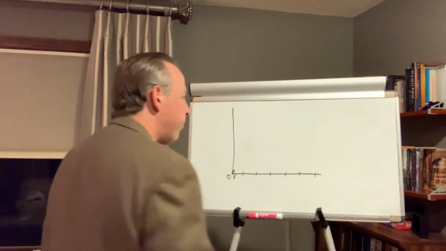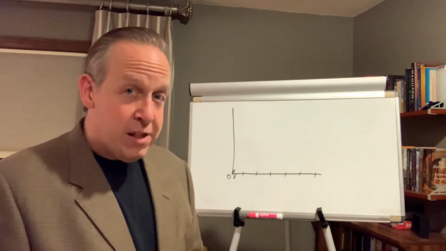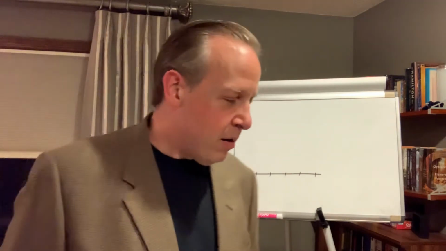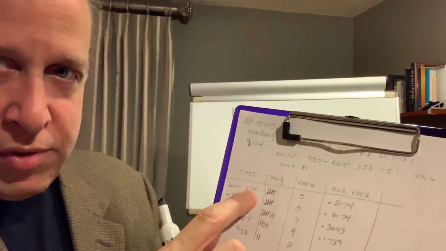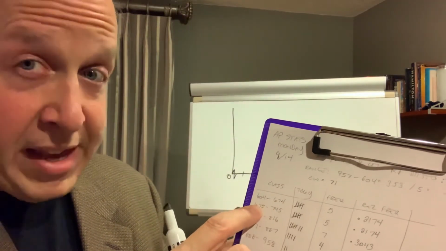All right, now, the way in which we're going to scale this is kind of particular. If you remember, in my classes, 674 was the end of the first class, and 675 began the second class. That's a gap of 1 value, but it's a number line, so it's continuous.